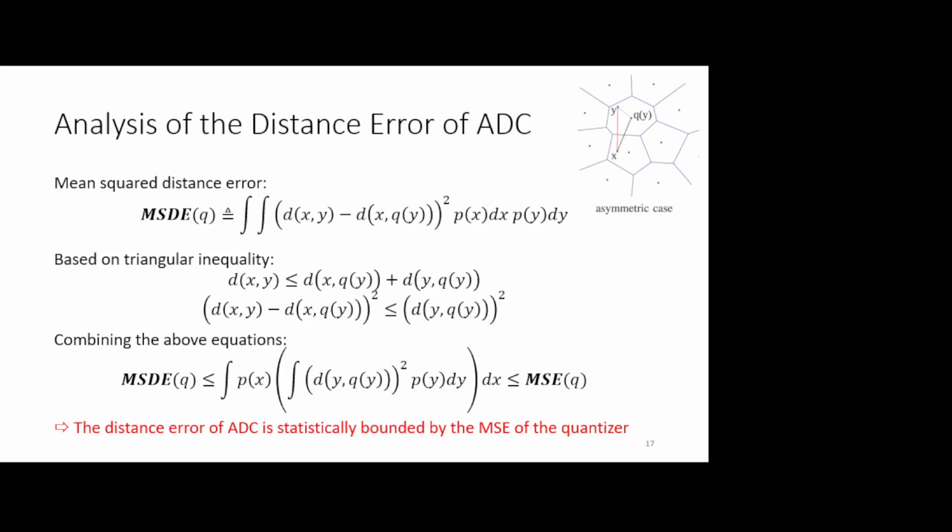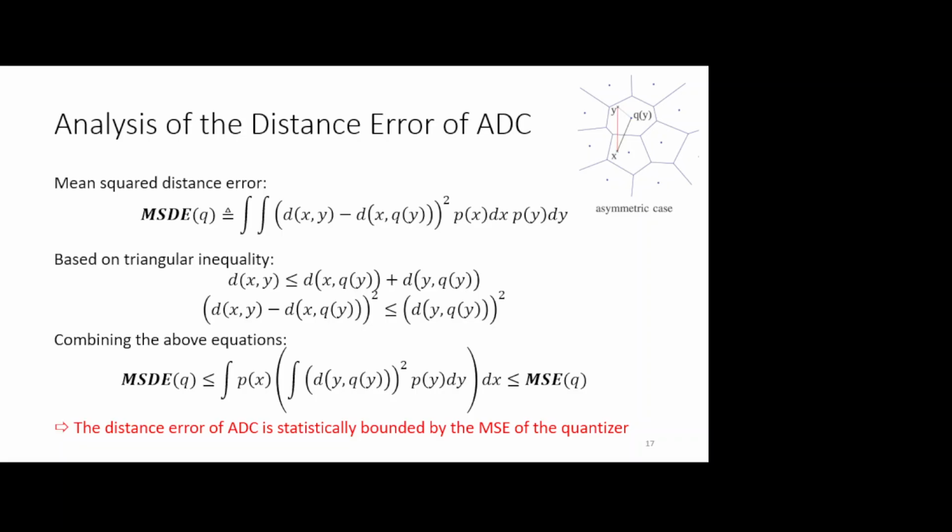So here is our conclusion. The distance error of ATC is bounded by the MSE of the quantizer. So if your quantizer is good, the distance error of ATC will also be lower than the MSE of the quantizer.